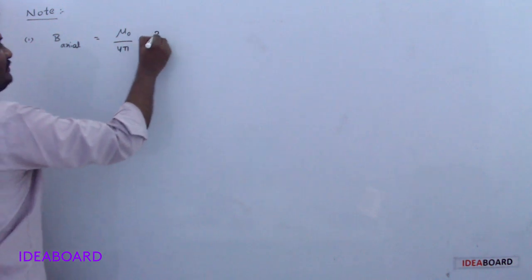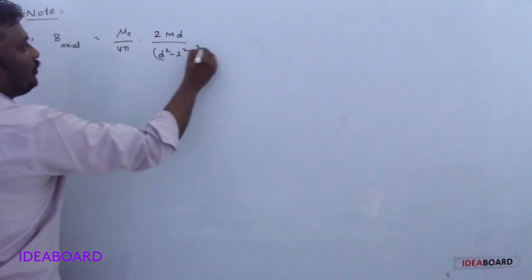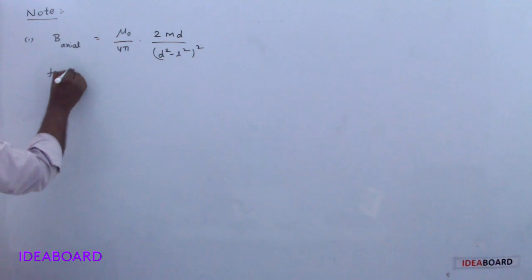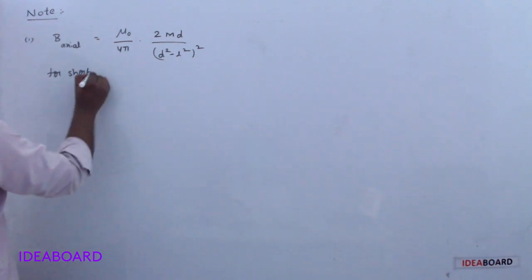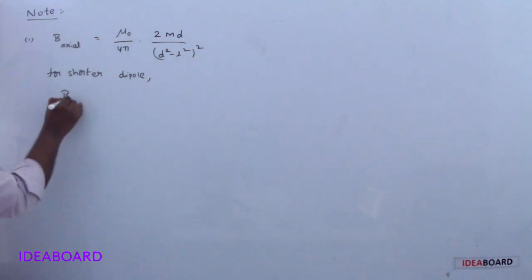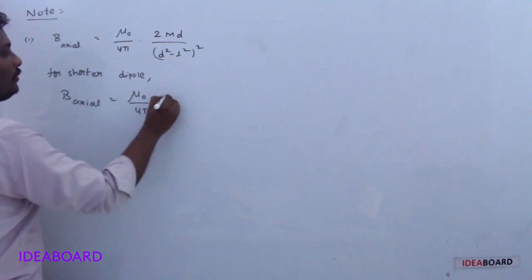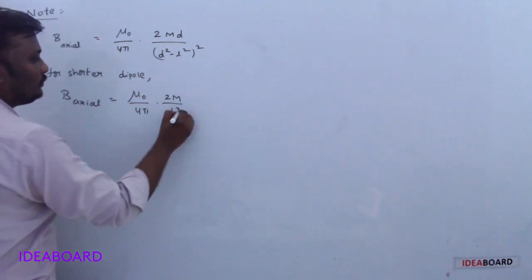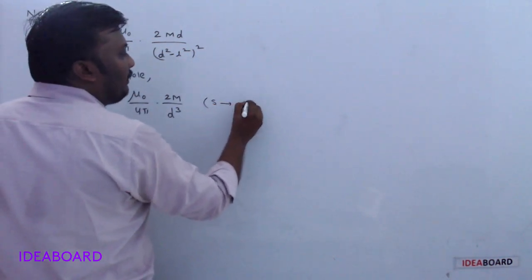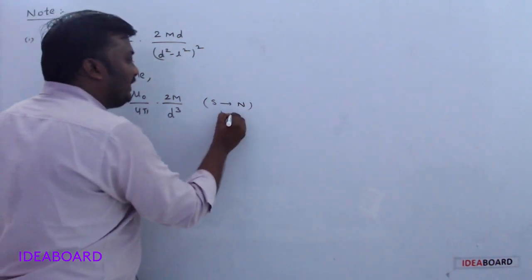Mu naught by 4 pi, 2Md by d square minus L square whole square for a longer bar magnet, and for a shorter magnetic dipole, B axial is equal to mu naught by 4 pi 2M by d cube, and the direction is always from the south pole of the bar magnet to the north pole of the bar magnet. Both are related to the bar magnet.